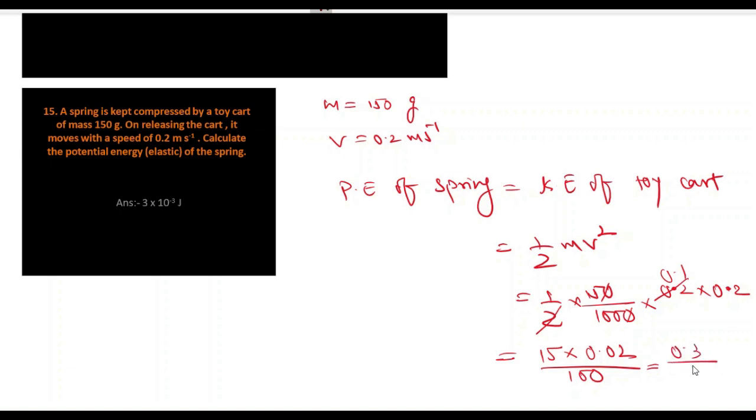So 0.3 upon 100, or 0.3 into 10 raised to minus 2 joule, or 3 into 10 raised to minus 3 joule. That's perfect, right? So whatever potential energy was there in the spring got transferred to the toy cart, and then the toy cart started moving with a speed. So we found the potential energy of the spring with this relationship.